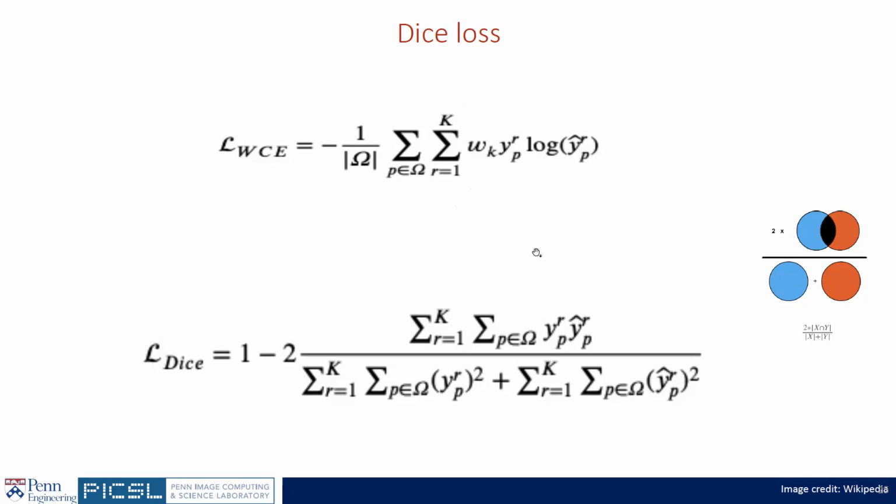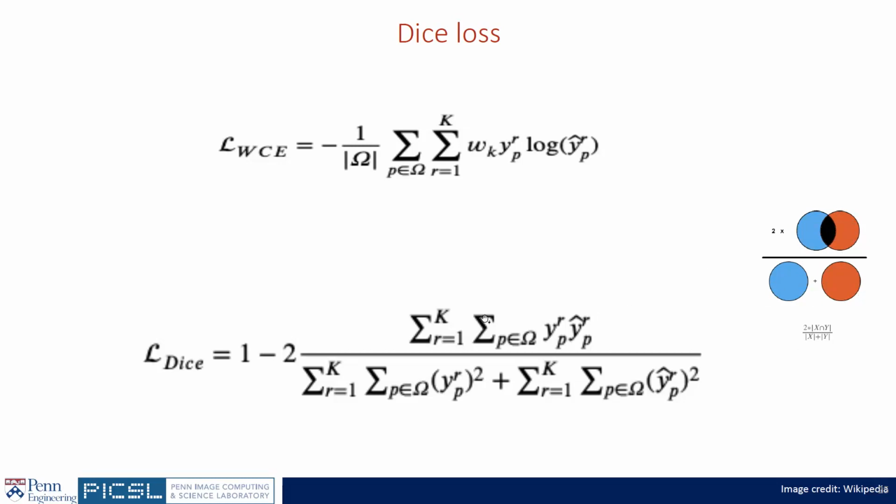Another loss, which is the most commonly used, is the dice loss. As you can see, it's the intersection of your prediction and your ground truth labels over the summation of ground truth labels and your predictions.